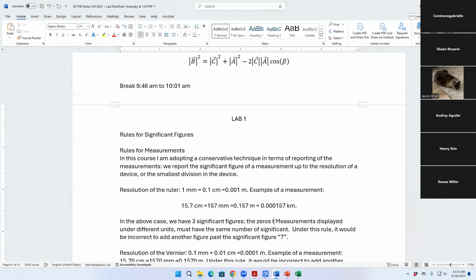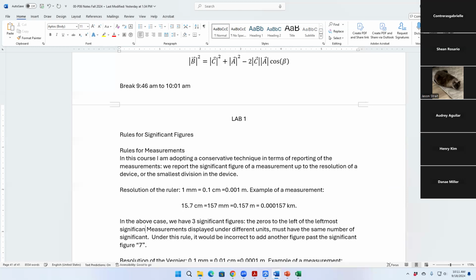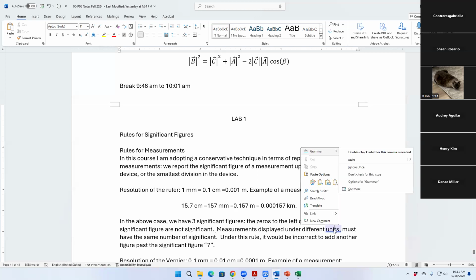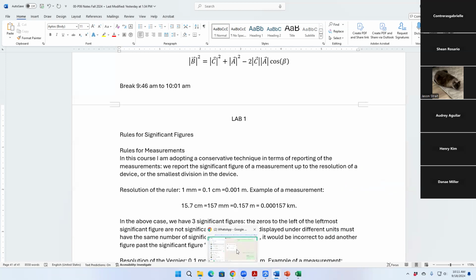The zeros to the left of the leftmost significant figure are not significant. Measurements displayed under different units must have the same number of significant figures. Again, even though I displayed it in kilometers, we still have 3 significant digits or 3 significant figures.